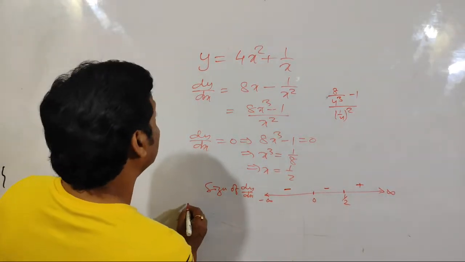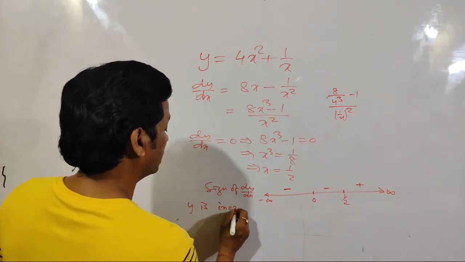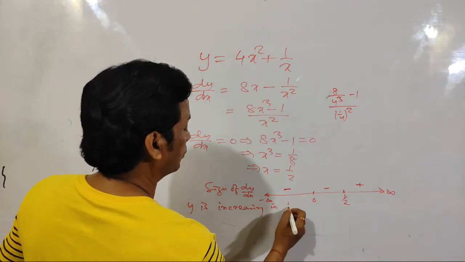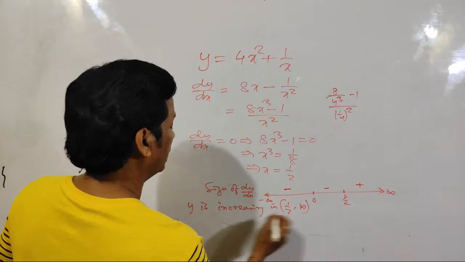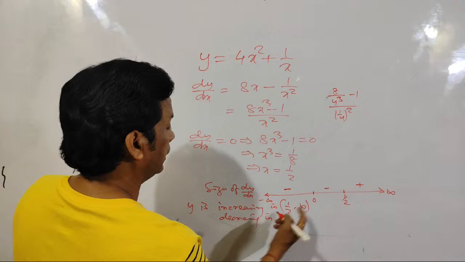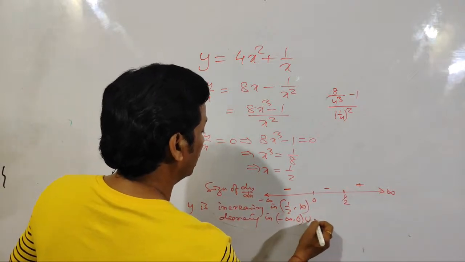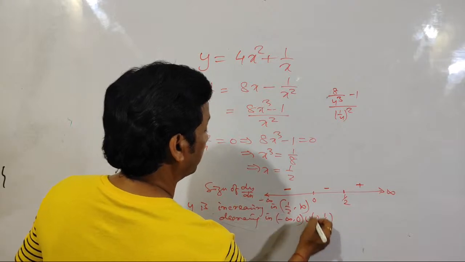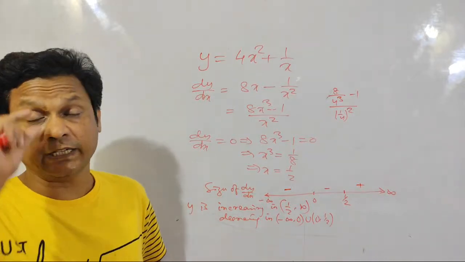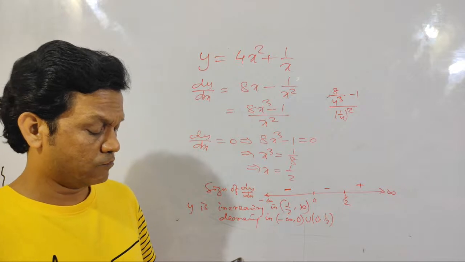That means y is increasing in 1 by 2 to infinity and decreasing in minus infinity to 0 union 0 to half. Here I have taken the point of discontinuity, x is equal to 0. Clear?